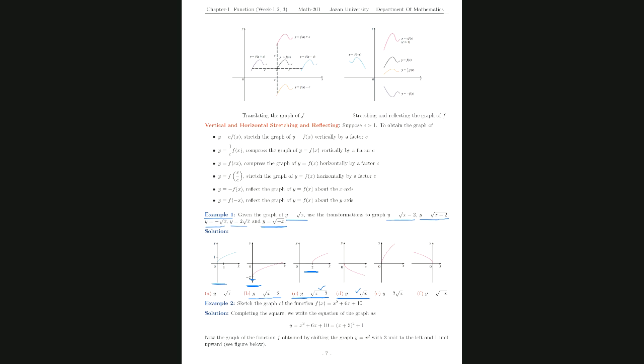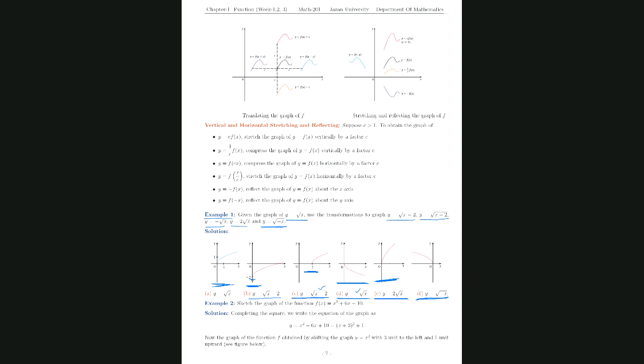And here, 2 times sqrt x: this is sqrt x and this one is 2 times sqrt x, which is upside. And here number f, y equals sqrt of negative x.